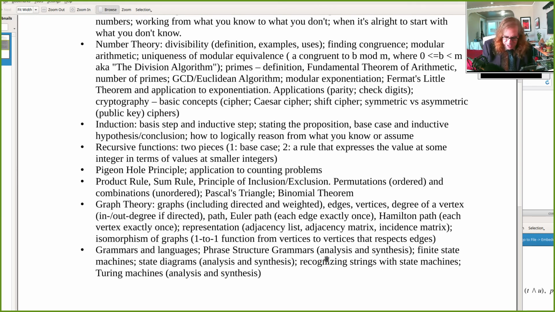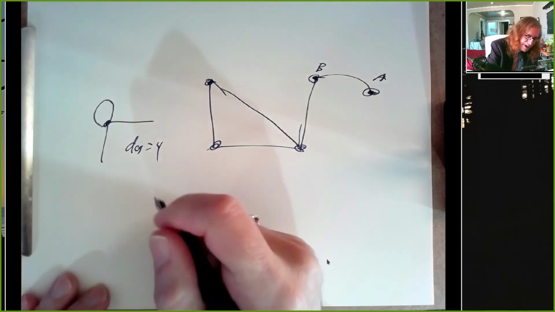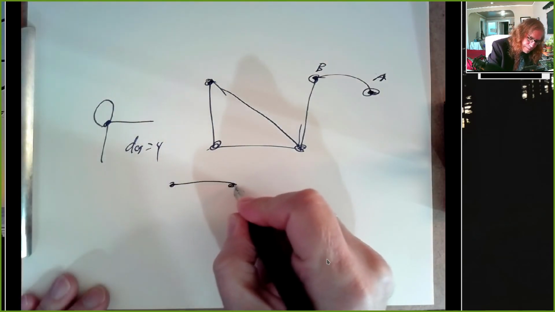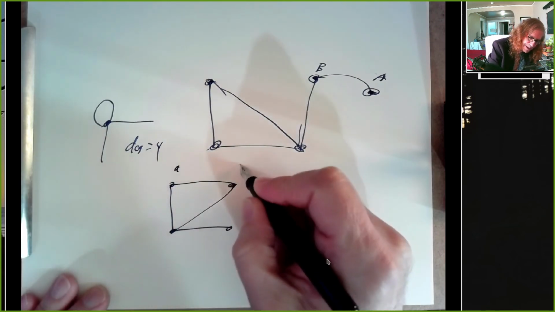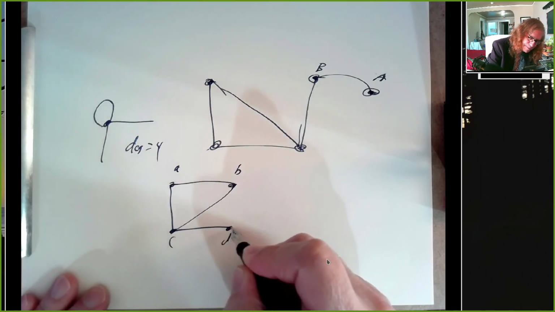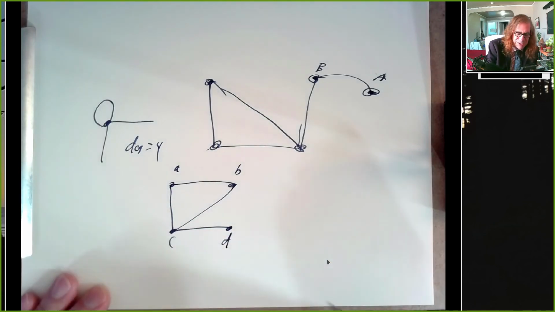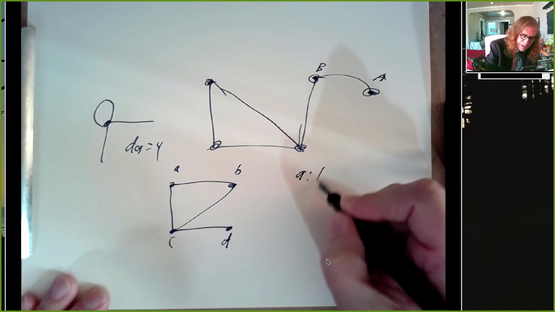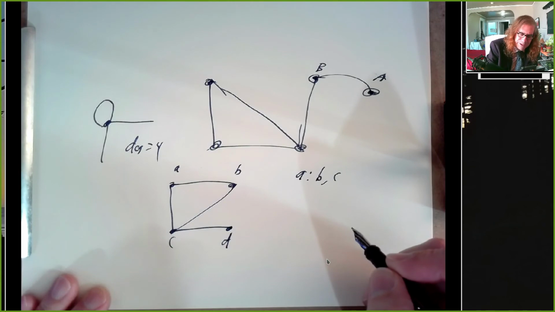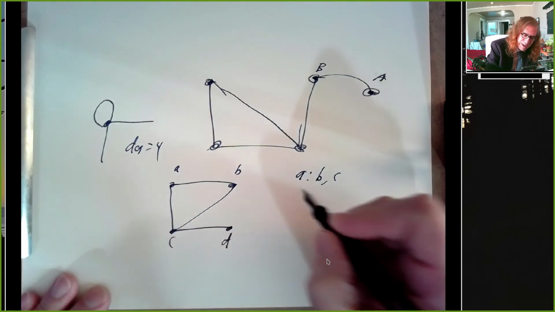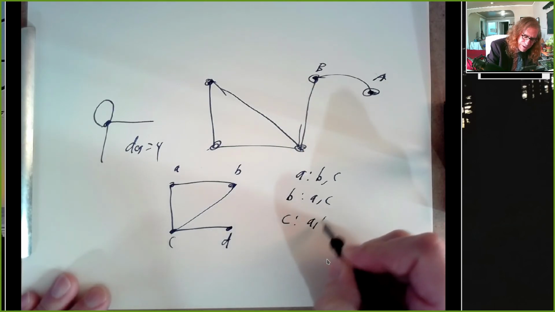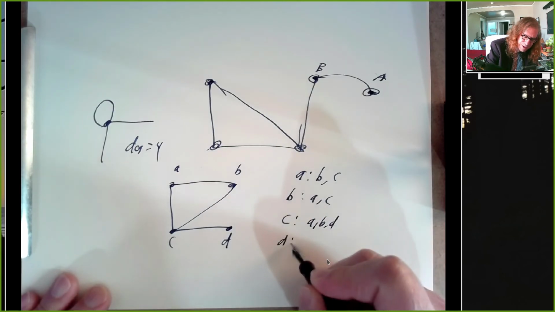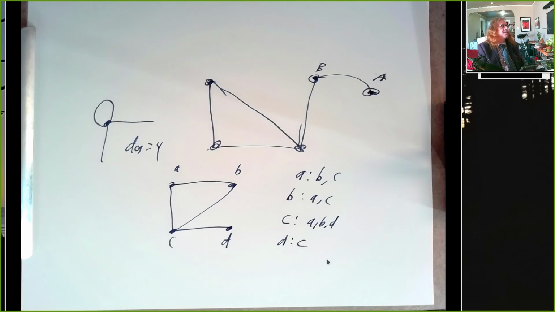But basically, if you have a graph, A, B, C, D, what's an adjacency list? Well, for A, we list all the vertices that are adjacent to it, connected by an edge. B, we do the same thing. C, we do the same thing. D, we do the same thing. That's an adjacency list representation.